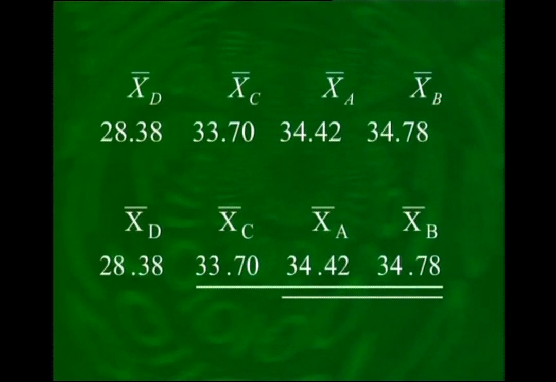We started this procedure from x bar d, but we found that the difference between x bar d and x bar c, the absolute difference between these two, is greater than 2.04, and therefore we were not able to draw a line underneath these two so that we could have said that they are not significantly different. लेकिन उसके बाद x bar c, x bar a और x bar b जो हैं उनके दरमियान जो differences हैं, they are less than the LSD, and therefore we can say that these three are not significantly different.